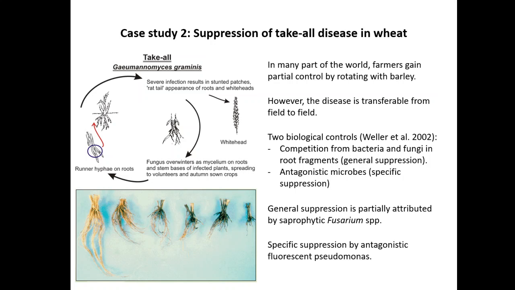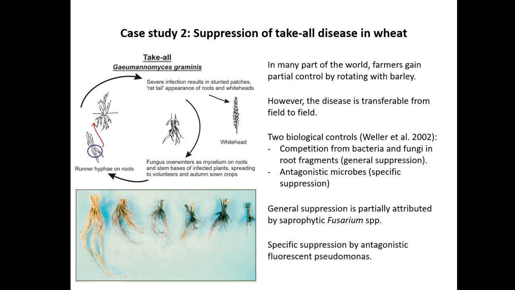In many parts of the world, producers gain partial control of this take-all disease by just rotating wheat and barley crops with other non-host crops. However, the disease is transferable from field to field, so it can be spread by machinery, or by humans, in large areas.